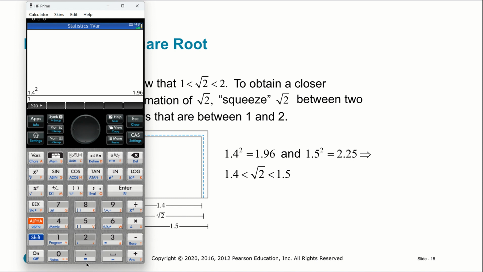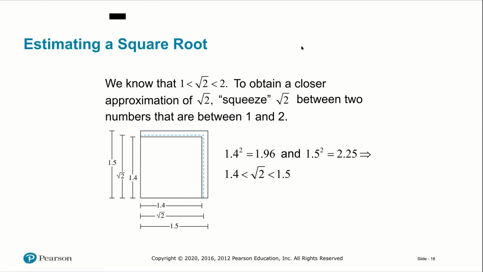But if we go to 1.5 squared, we get 2.25. So we know it's going to be somewhere between 1.4 and 1.5, right? So that's how we can get an approximate value for a square root.